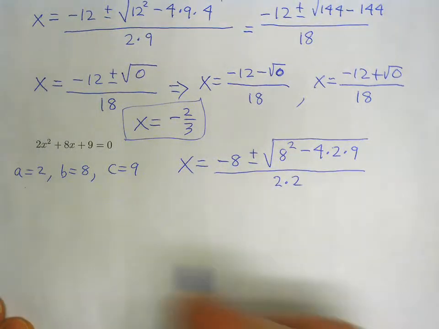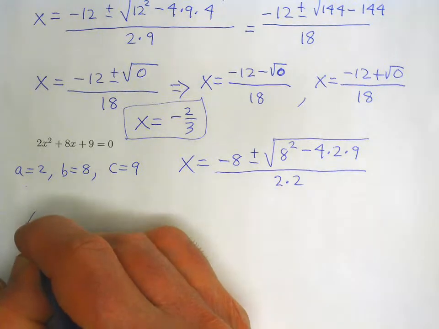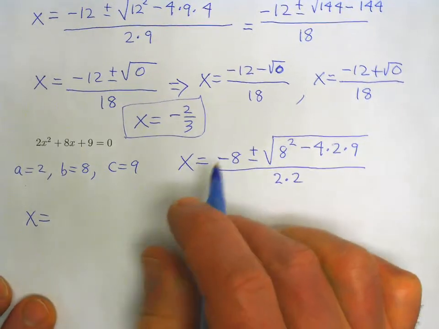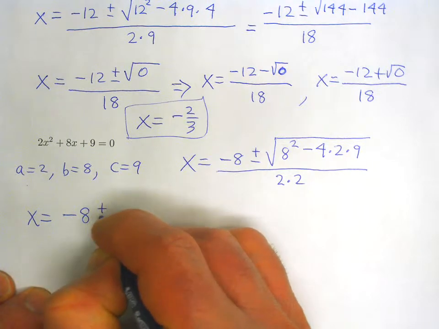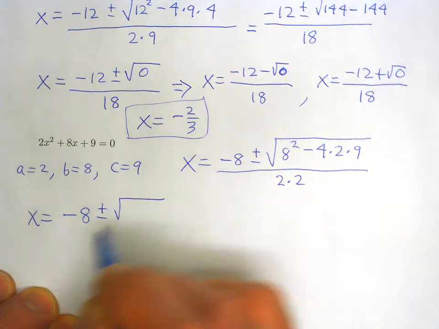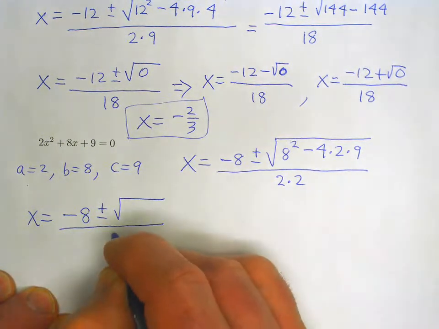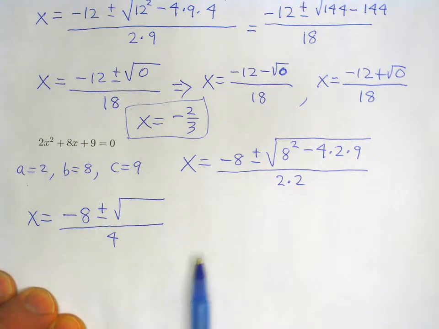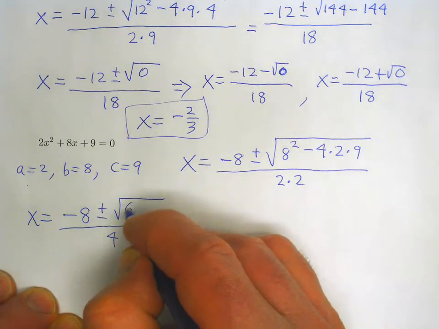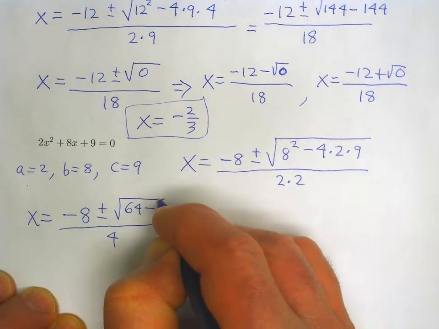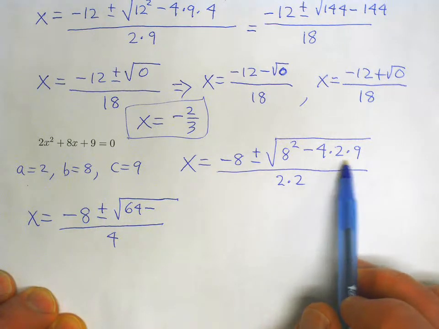Okay, then we do the arithmetic. So we have x equals negative 8 plus and minus the square root of some number, all divided by 4. Okay, inside the square root, 8 to the second is 64. And we're subtracting 4 times 2 times 9.